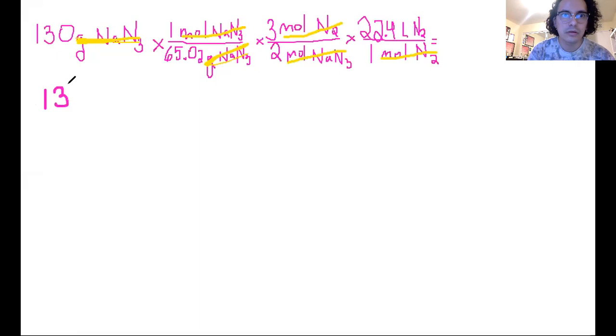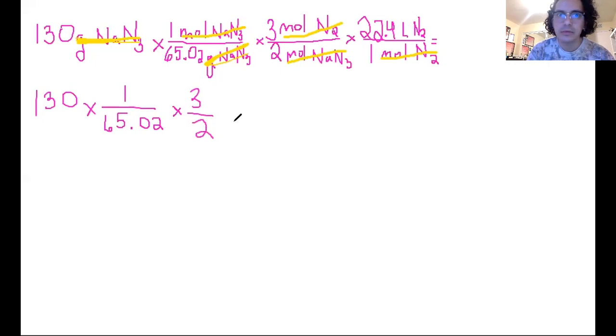That bothers me, that's thicker. 130. We don't have the G anymore, or the NaN3, times, and then we've got a 1 on top, 65.02 at the bottom, times, on top we've got a 3 over a 2.